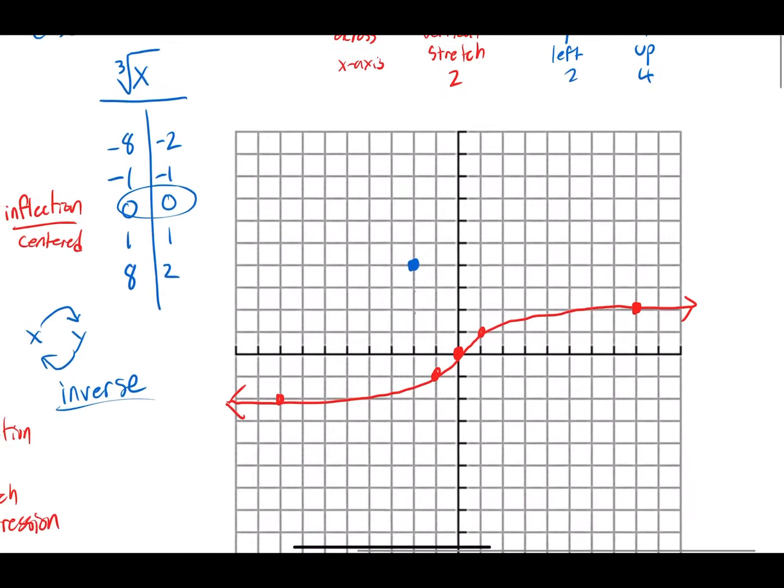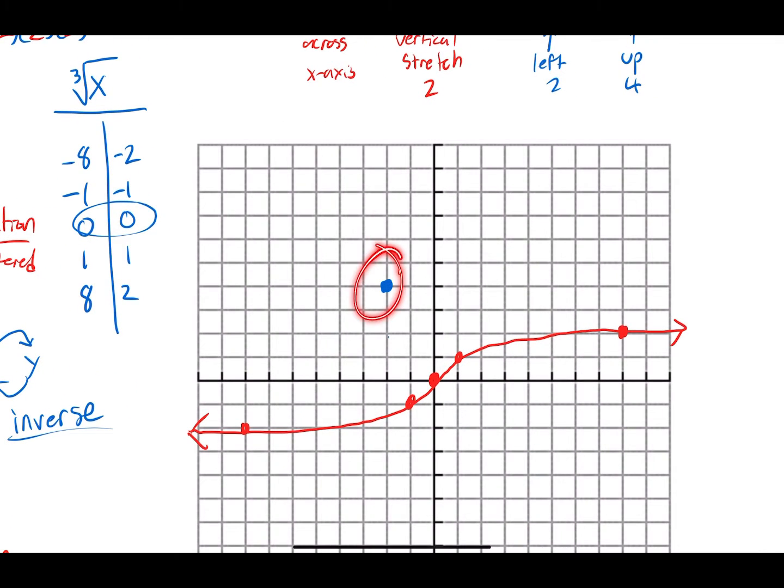So imagine if I drew the usual points at this new center, I'd have 1, 1, -1, -1, and 8 from this origin, up 2. And left from this origin, 8, down 2. So this is what the function would look like if it was not stretched and it was not flipped.